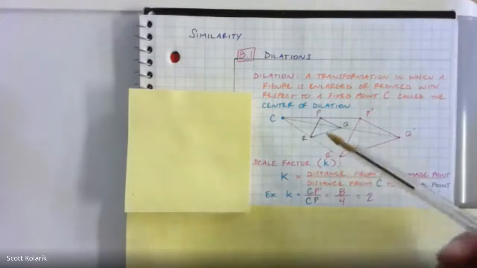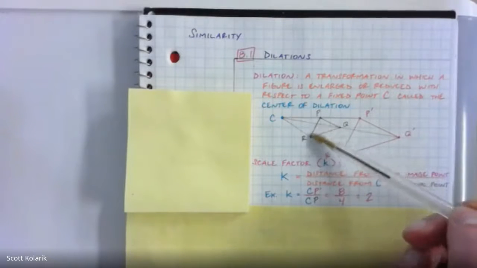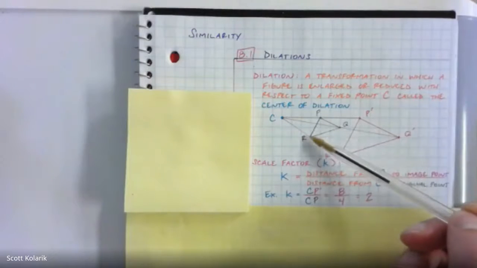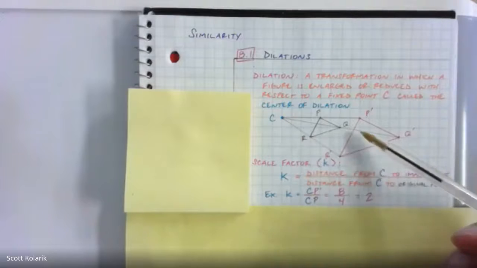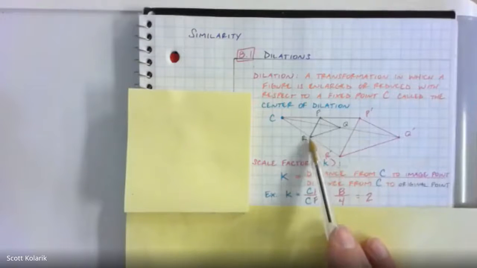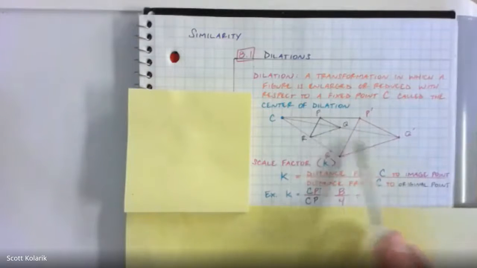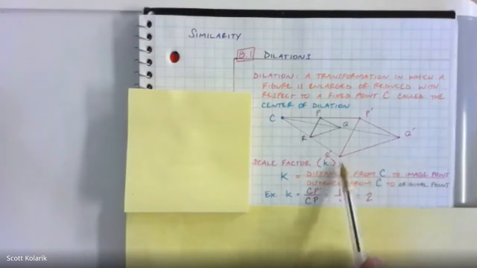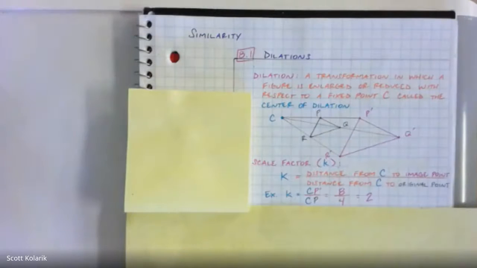So for instance, the length of P to R, this simple side right here of my triangle, would be multiplied by some constant scale factor to get to P prime R prime. And whatever that constant multiplier was would be the same multiplier I would multiply by, say, Q to R as Q prime to R prime. A constant scale factor for the entire object.